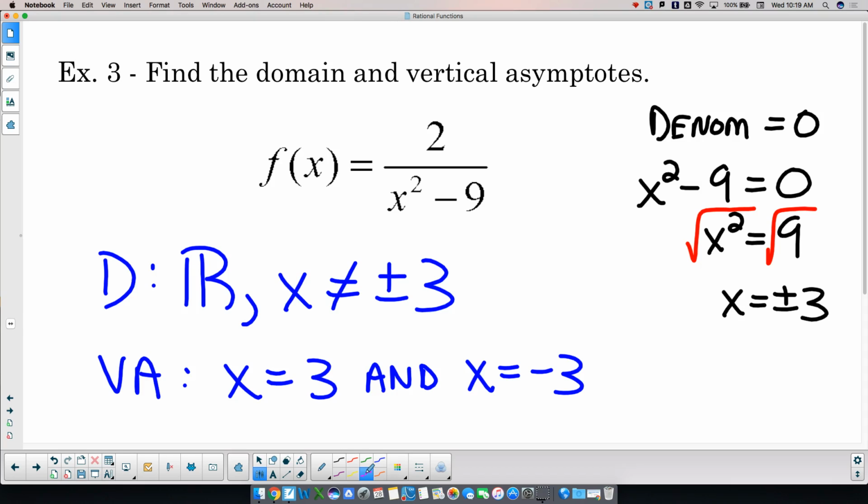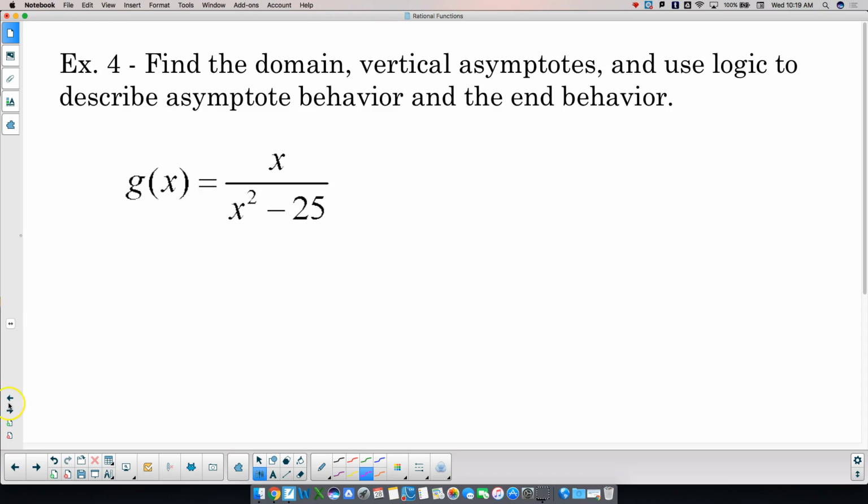And that's where we had to stop, because the directions didn't say do any of that other goofy stuff. However, now they say it. Okay? So now, find me the domain, find me the vertical asymptotes, use logic to describe asymptotal behavior, and use logic to describe end behavior. I will give you 5 minutes.